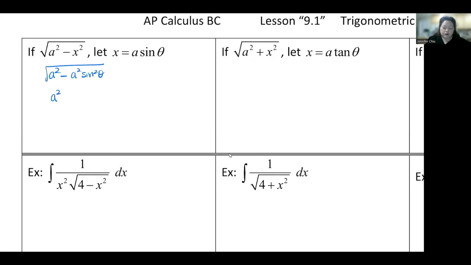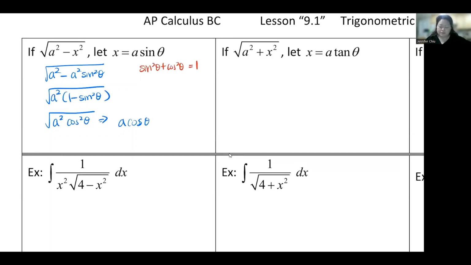You're now able to factor out a squared, so you get 1 minus sine squared theta. And then don't forget, because of the Pythagorean theorem, that becomes cosine squared theta, and hence this cleans up to be a cosine theta. Again, the idea is using the Pythagorean theorem, that sine squared theta plus cosine squared theta equals 1. So that is going to be the useful one for us.